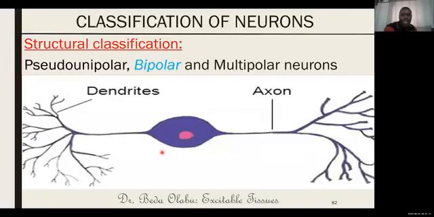You will learn later that sensations can be classified as general or special. Special senses are 5 only. General sensations are more than 5. Special senses include vision, smell, taste, hearing, and equilibrium of the head. Those are special sensations.